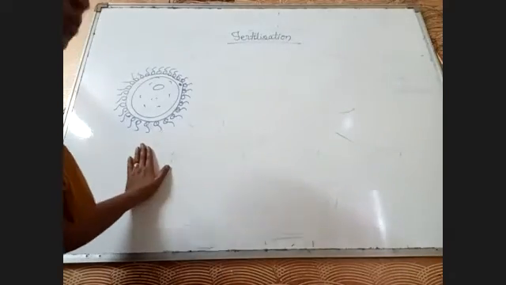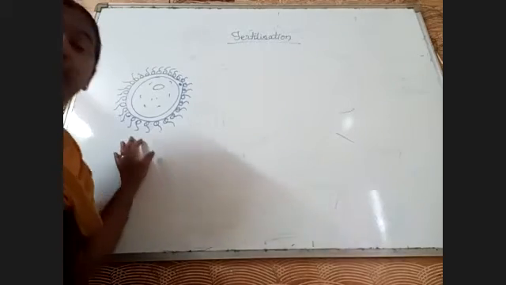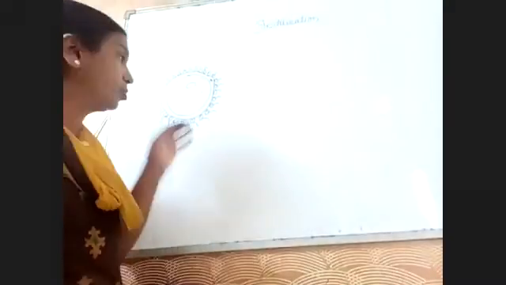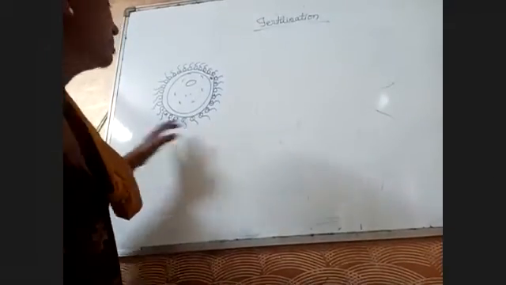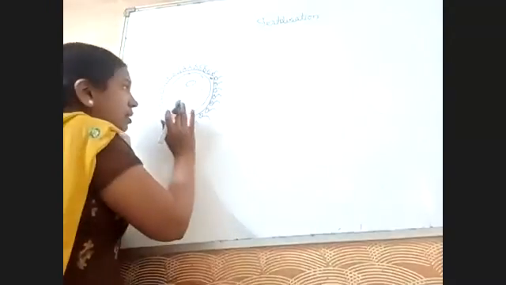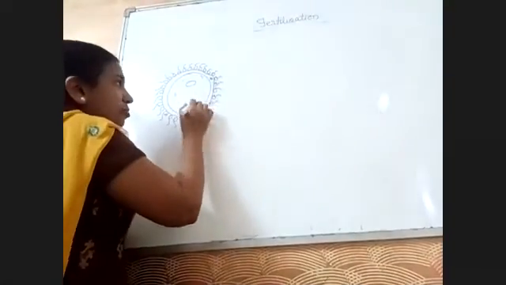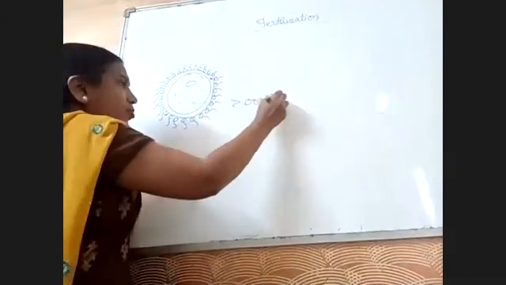This ovum is the largest cell of our body and it is haploid. Haploid means it consists of only half the chromosomes. That's why we call it haploid. The cytoplasm present in the ovum is called ooplasm.